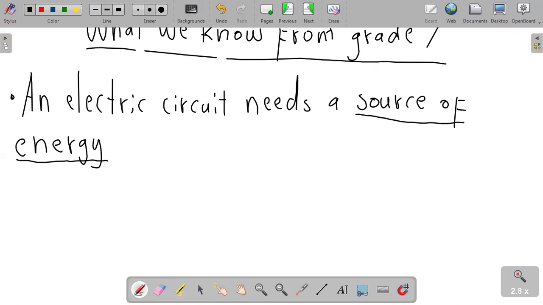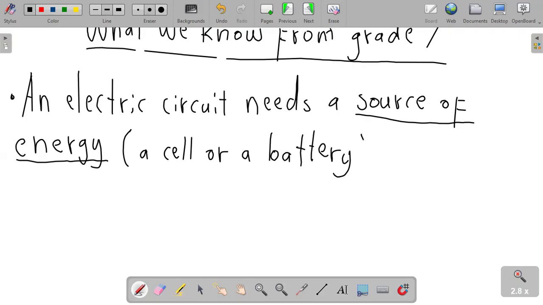Without a source of energy, nothing happens. This source of energy could be a cell or a battery. A battery is many cells that are combined and put together.